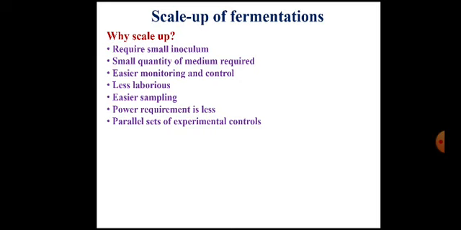Small quantity of medium is required. Obviously, if it is small scale, then a little quantity of the medium will be required. And even if the experiment fails, the loss of the medium and the production strain is affordable for the fermentation industry. Easier monitoring and control.